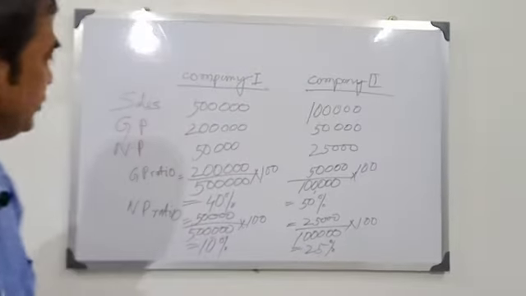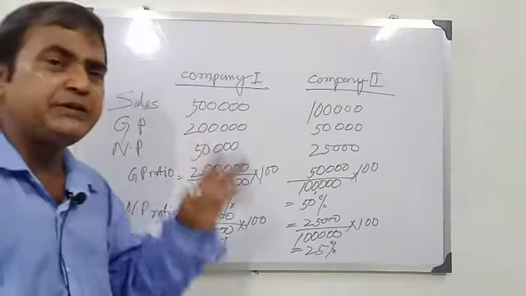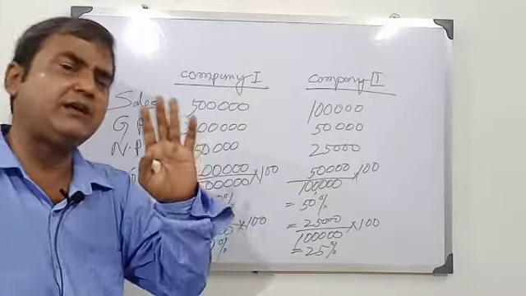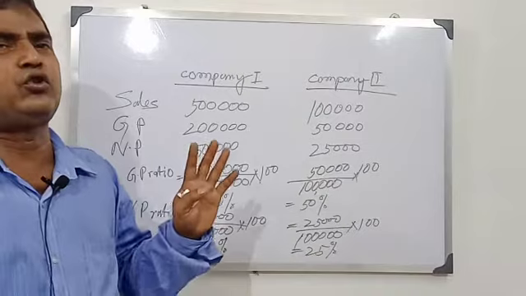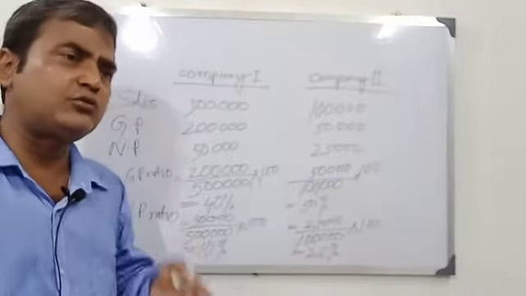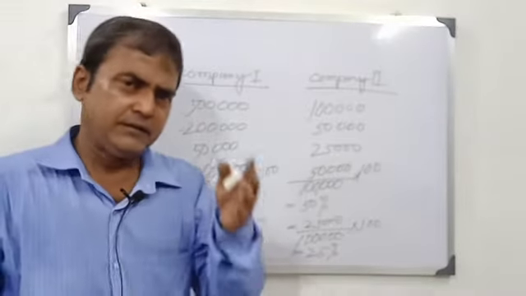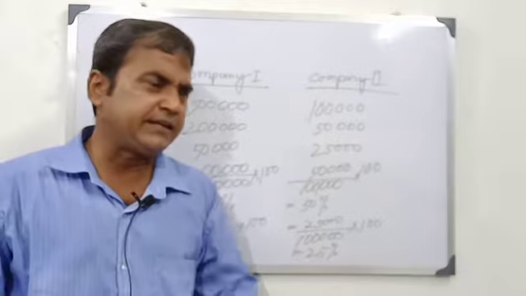Now gross profit, we know, is the difference between the sale or turnover and the cost of goods sold. Obviously, cost of goods sold should include the direct expenditure and direct losses.